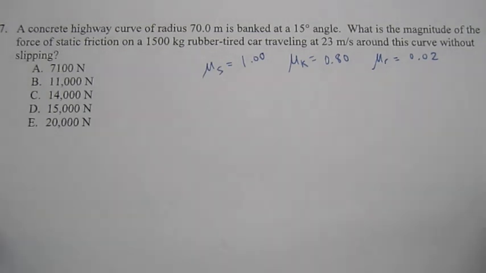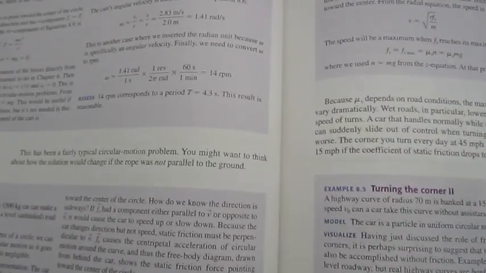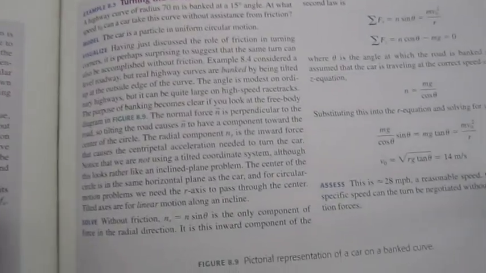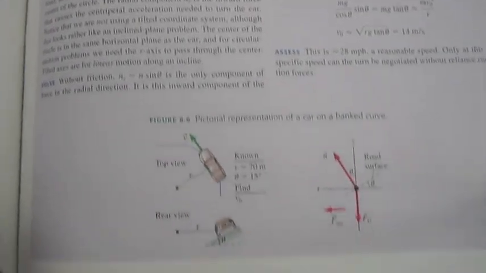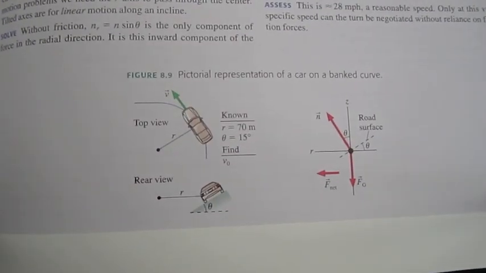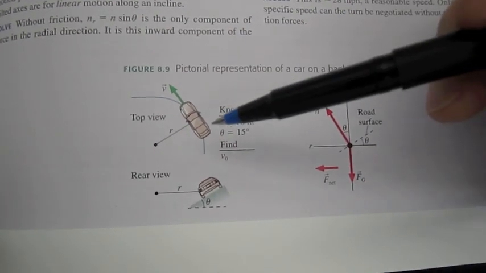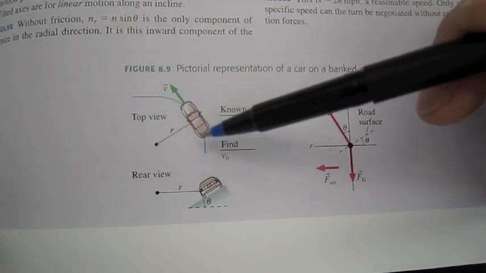Now this is a banked curve question. This was done in Chapter 8, Dynamics 2, Motion in a Plane. Here on page 217 there's an example, 8.5 turning the corner 2, and in particular here's a nice diagram. So here we have a car. The top view is it's going around some curved path.